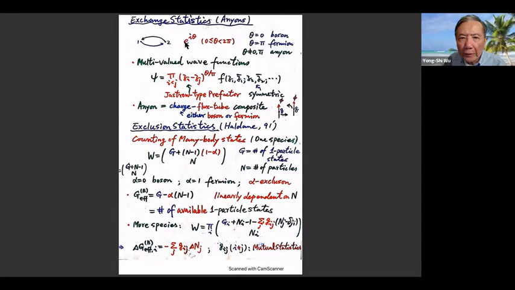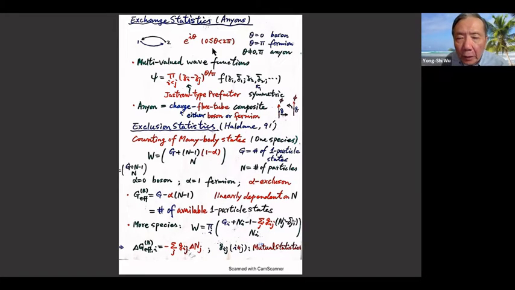So when we write the sign as e^{iθ}, θ must equal π for fermions. However, theoretically, it's allowed to have an arbitrary phase, e^{iθ}, with θ between 0 and 2π. When θ is not equal to 0 or π, it is called an anyon.